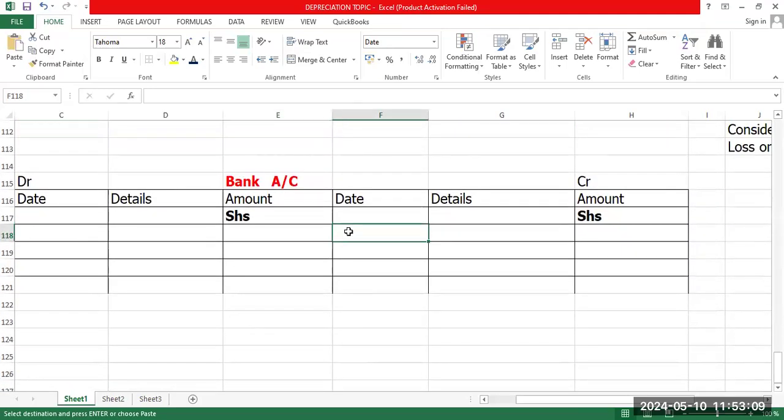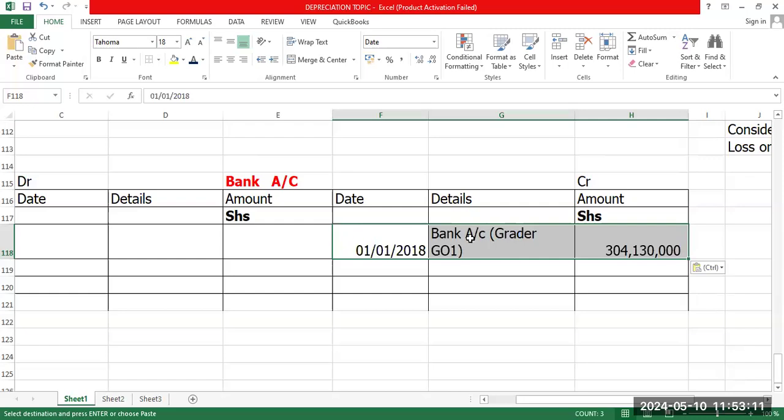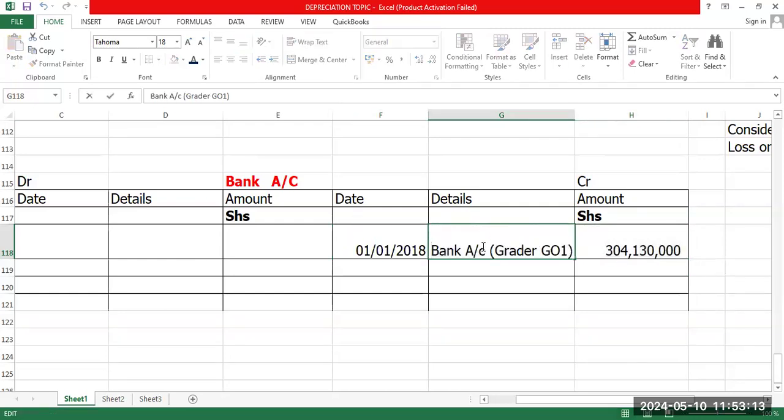We come here, put this, but you remove the word bank account. Where did you pick this figure from? Combined non-current asset account. Here you can use the very asset.